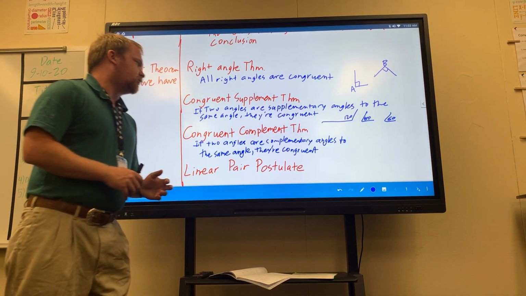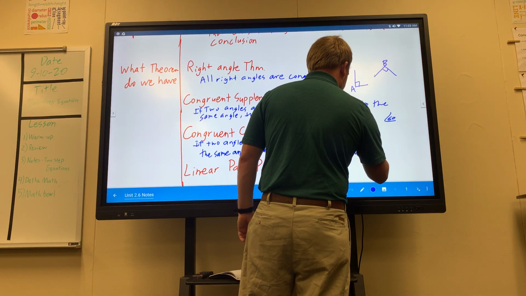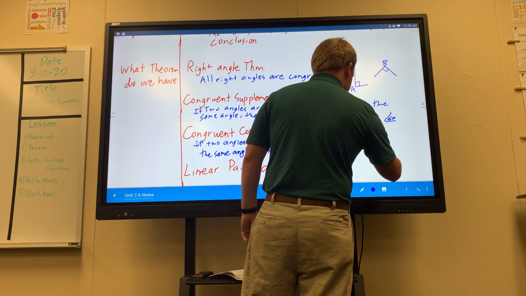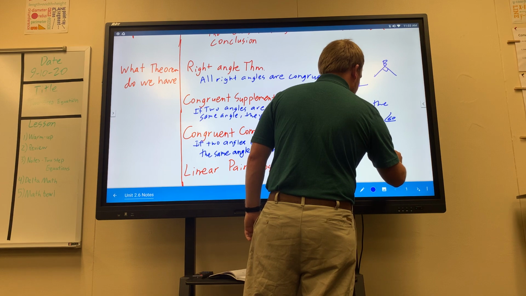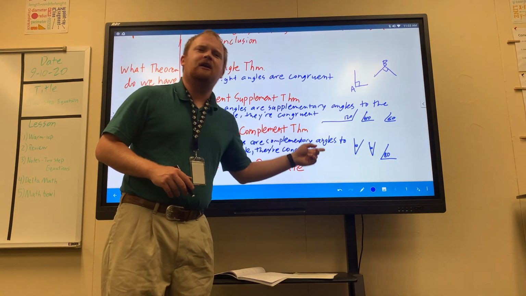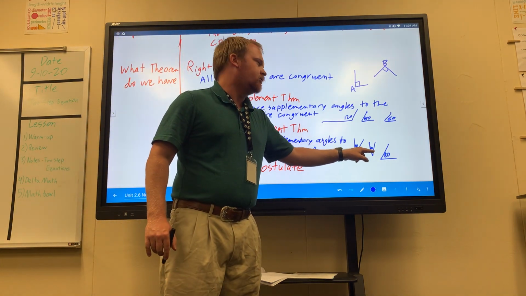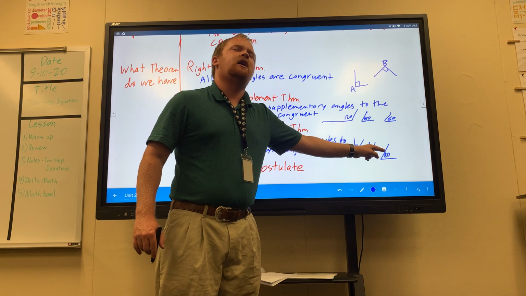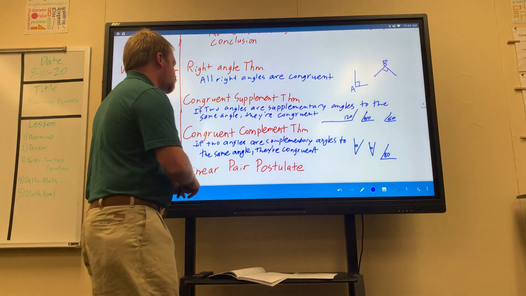Okay, so just remember, let's say I have an angle 10 here and a second 10 here. As long as they're both complementary to 80, these two angles are congruent to each other. So as long as they're complementary to 80 degrees, they are congruent angles.